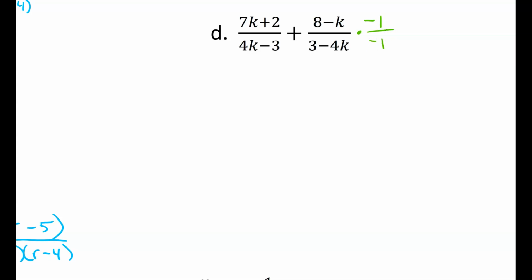All right, so that does nothing to our first term. This will keep this as 7k plus 2 over 4k minus 3 plus, I'm going to have to distribute that negative 1 through, so that's going to give me a negative 8 plus k, and in my denominator, that's going to make it a negative 3 plus 4k, which is the same thing as 4k minus 3.